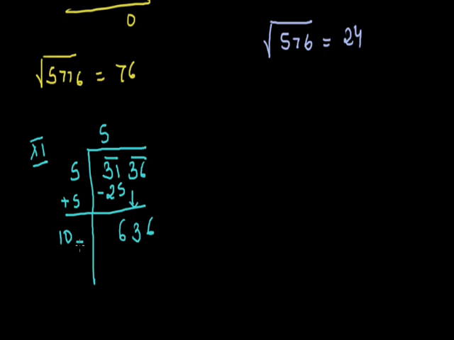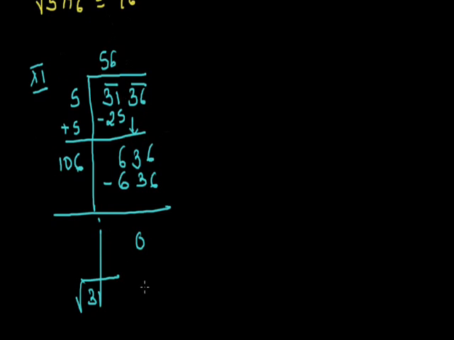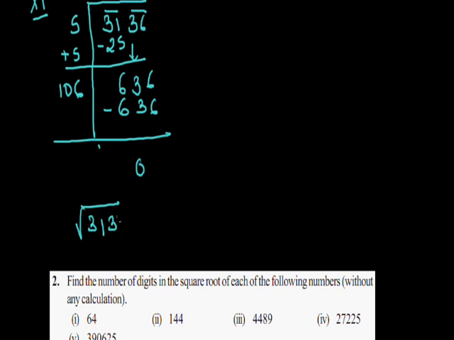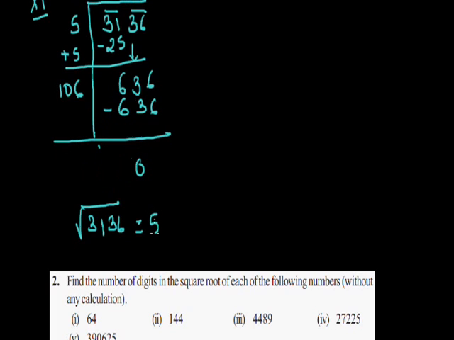Now after 10, I have to insert a number which should also be the next term of the quotient. So 106, 6s are 636. Carry out the subtraction, the remainder will be equal to 0. So I can say the square root of 3136 will be equal to 56.